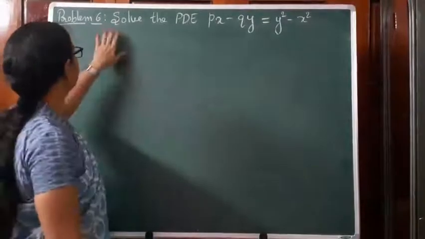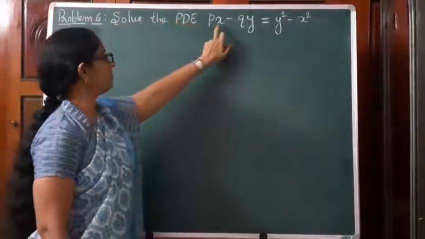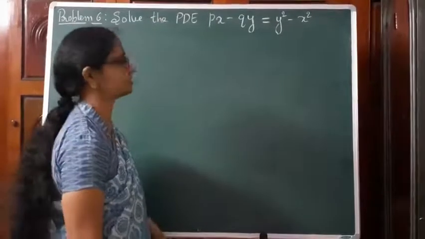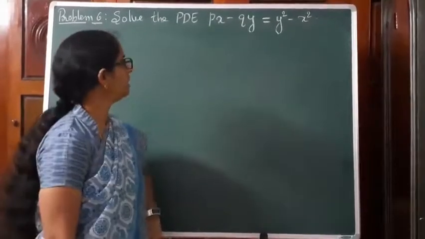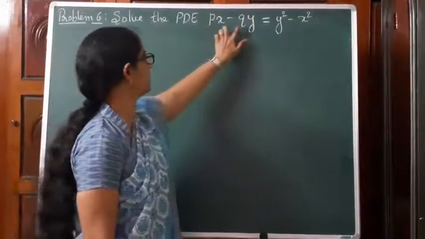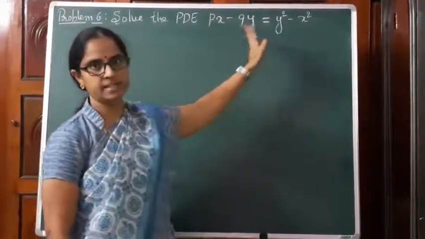So see this problem. Here we are asked to solve the partial differential equation p x - q y = y² - x². It is clearly a Lagrange's linear equation. First, it is linear because p, q and z are not multiplied.